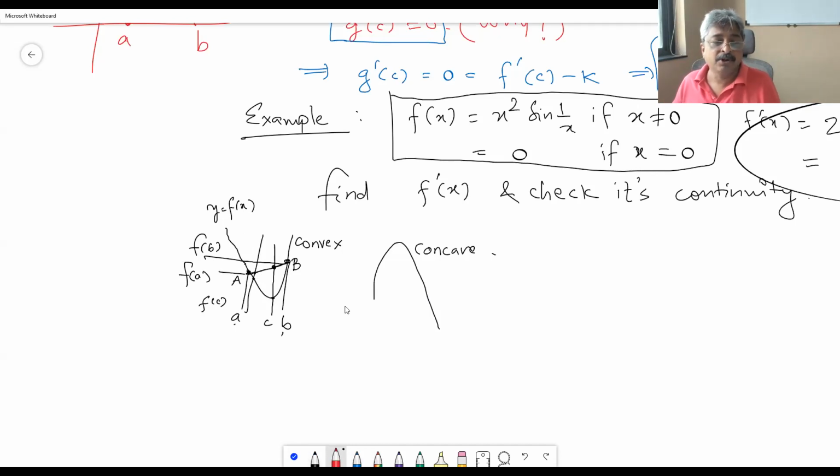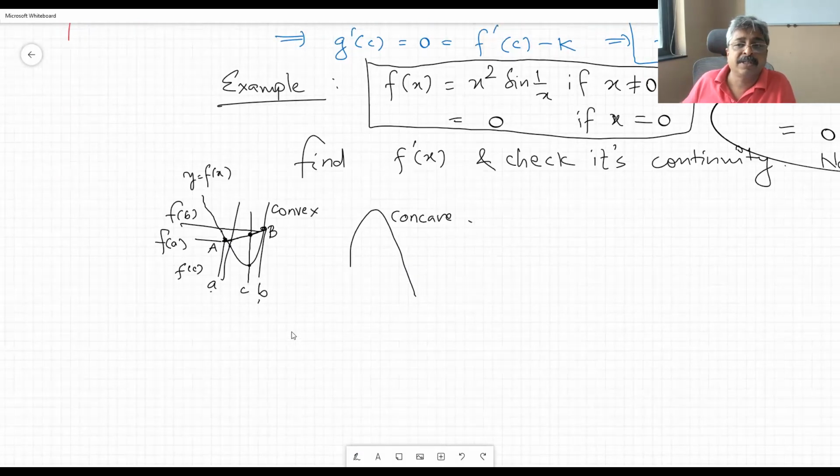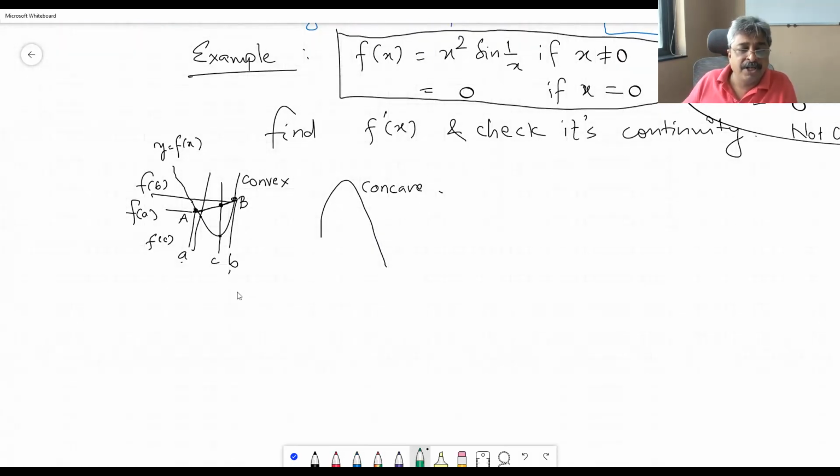Let us write. At that time also I had told you that we will revisit this when we learn differential calculus and write it again. So, definition.